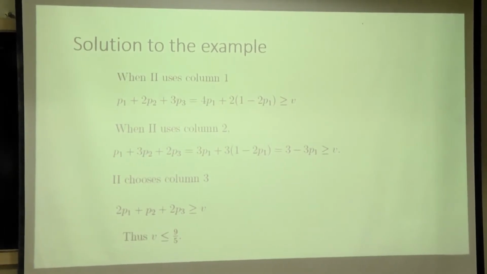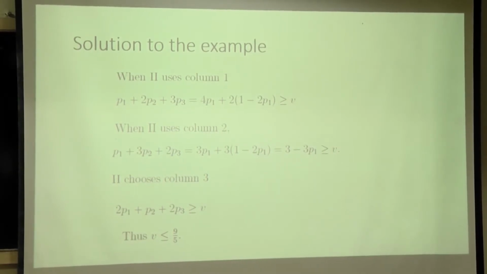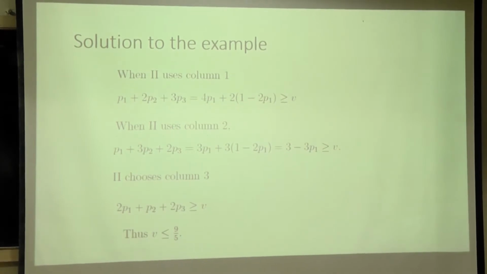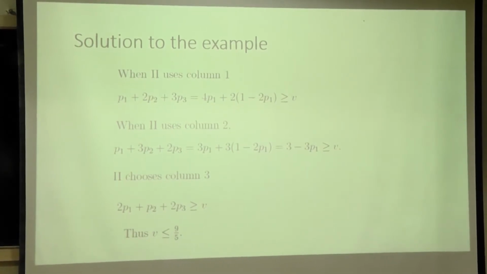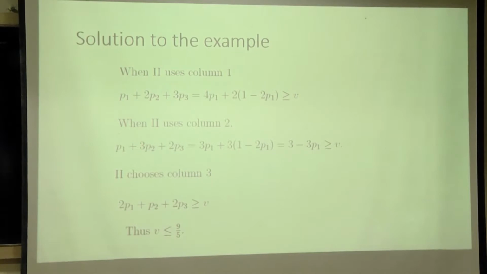Somehow when 2 uses column 2, 3 minus 3P1, 2 chooses column 3, thus V less than or equal to 2V. How did I get V less than or equal to 9 over 5? 4P1. Suddenly I wrote thus. What do you mean?